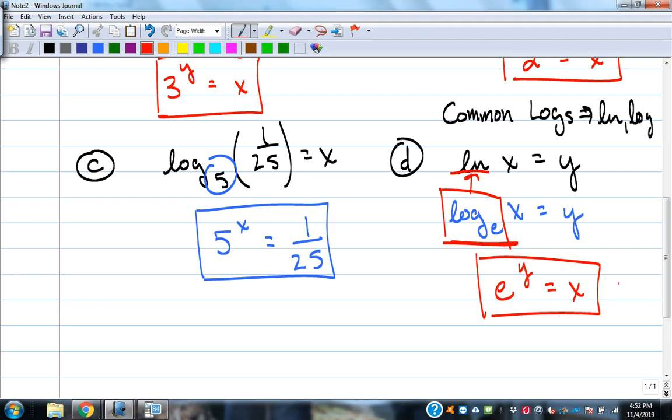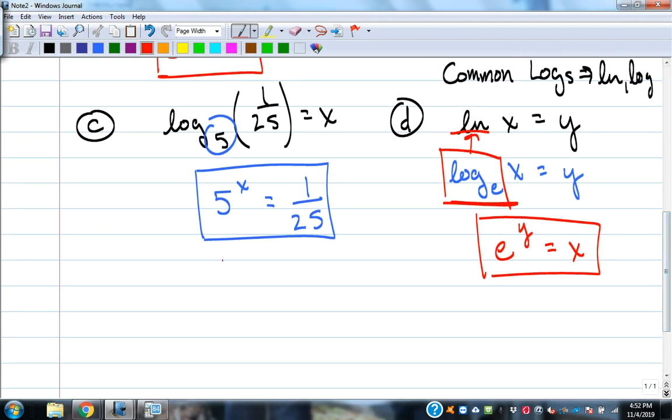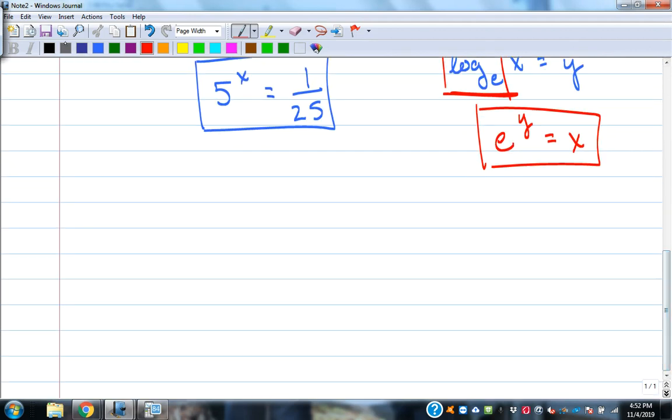When you have the other common log, which is just log, log of x is equal to 3. When they don't put a base right there, there's an understood base of 10. And the reason it's an understood base of 10 is because we live in a base 10 number system.